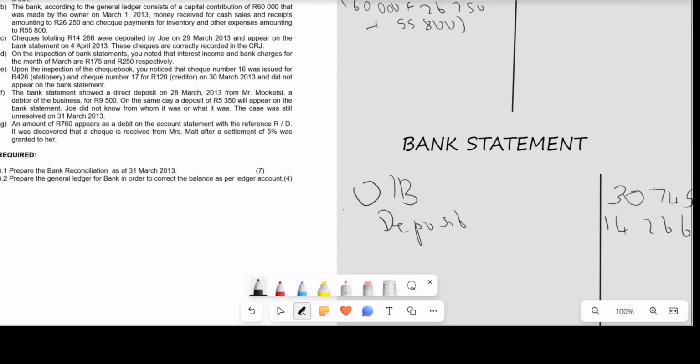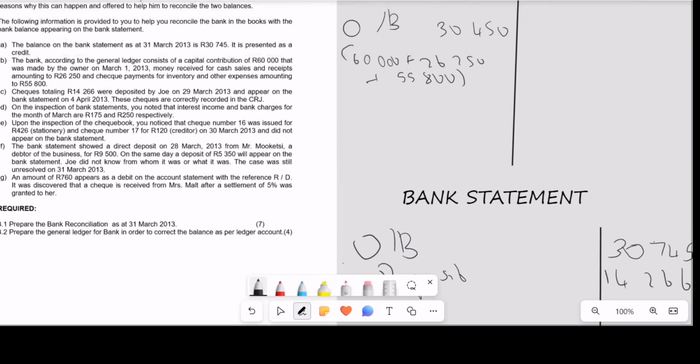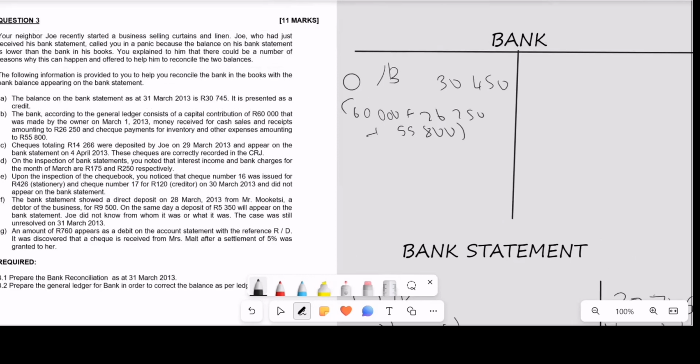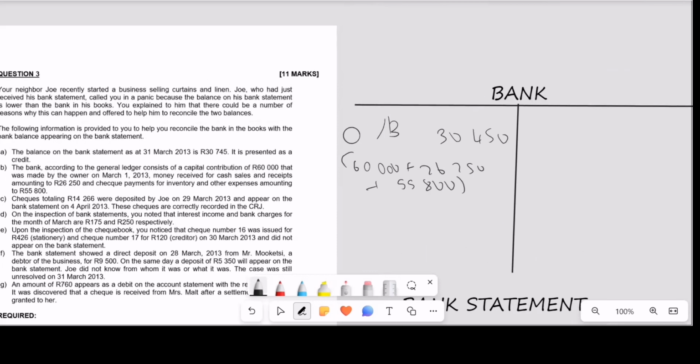Let's move on. It says on inspection of the bank statement, you notice that interest income and bank charges for the month of March are 175 and 250 respectively. With these amounts, guys, you must always remember there will be the bank charges and the interest. They won't be in our books yet because we know nothing about this. It's not part of our daily transactions. Those are amounts that the bank charges to our account, or our account earns due to having a positive balance.